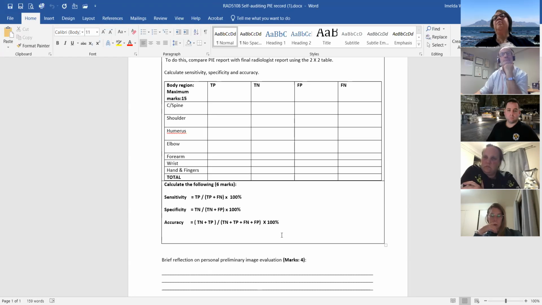So there will be a drop box for the 15 cases and a drop box then for the PIE record. So you will have 2 submissions that you will need to do for the clinical portfolio. So that's all the information that I've put into the Moodle book. Do you have any questions around that?